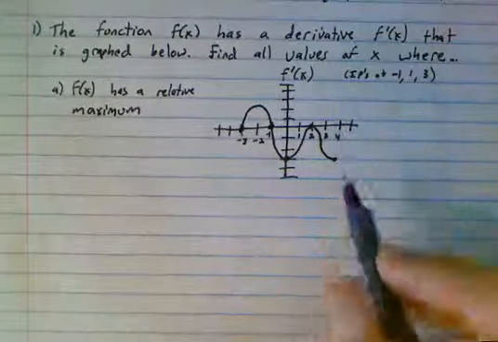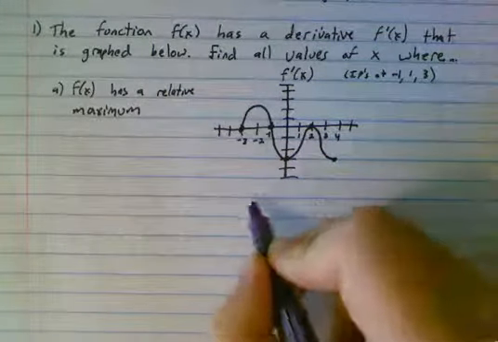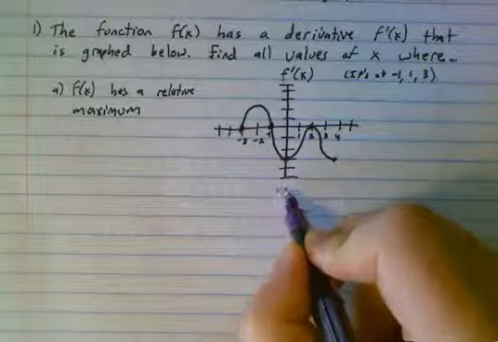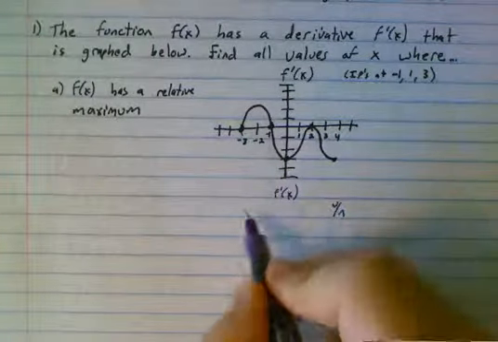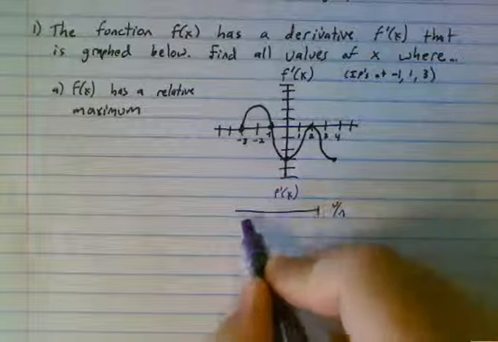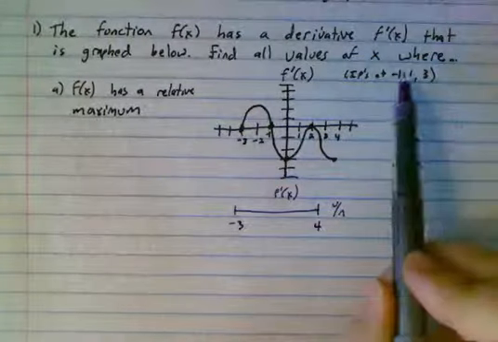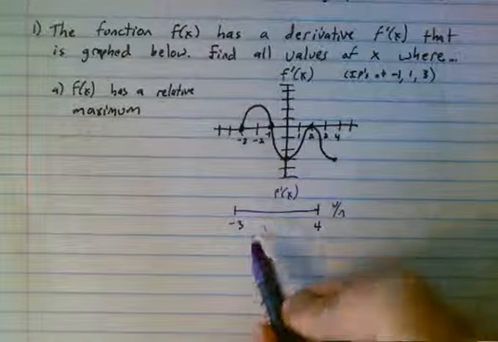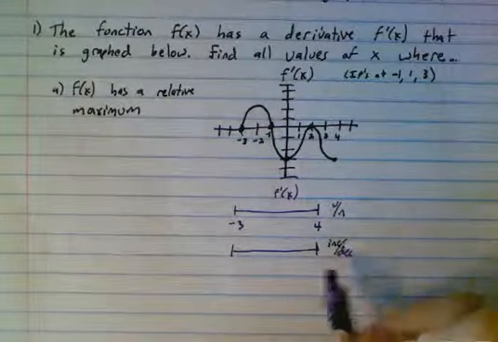We've got f prime of x, we know that right here, so I'm going to go ahead and do my three-line chart for f prime of x. And I told you right up here where the inflection points are for concave up and concave down. I'll just put in the other ones.